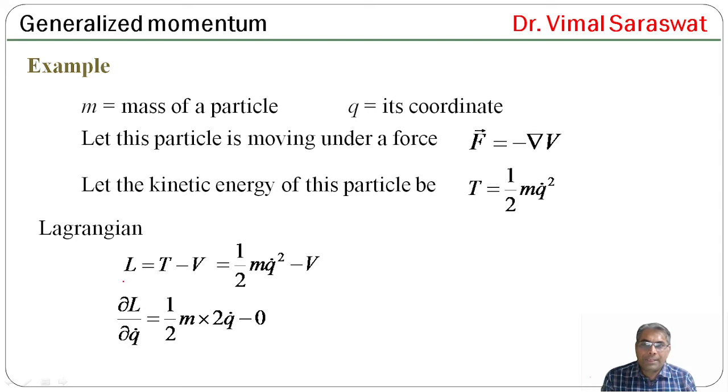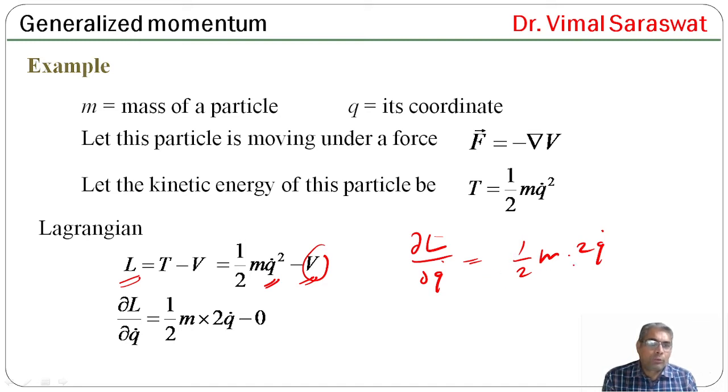Now we differentiate L with respect to q dot. So del L upon del q dot is equal to half m constant, and the differential of q dot square is twice q dot, and V does not depend on velocity, so its differential will be 0. So del L upon del q dot equals half m into twice q dot, and 2 and 2 will be cancelled out.